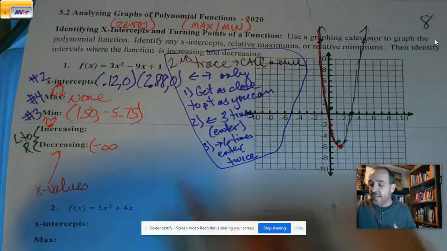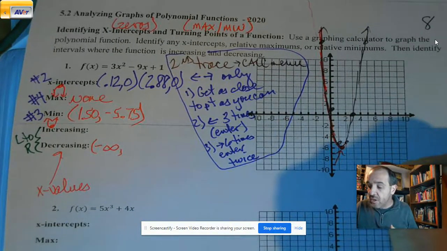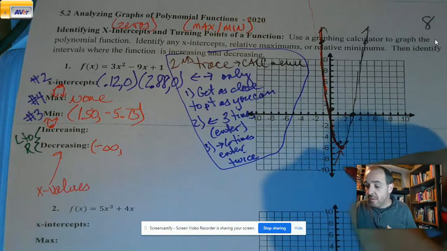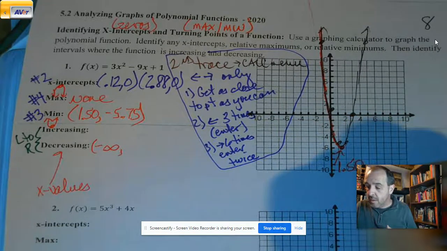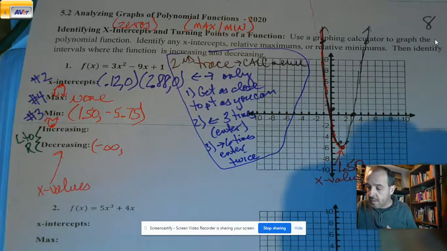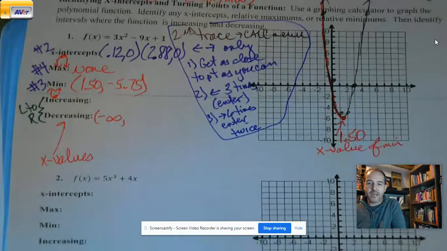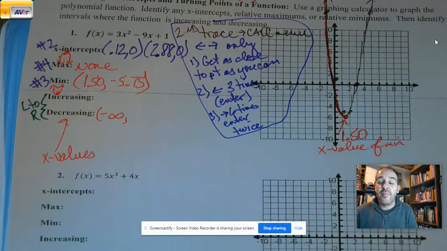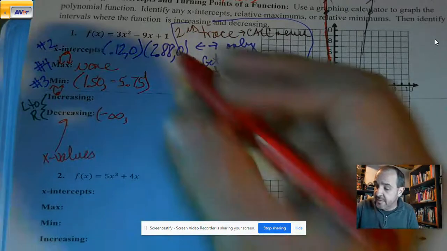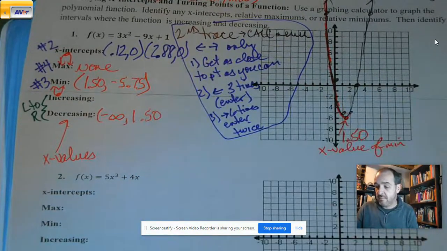So from negative infinity to the x value of my minimum, that's what I care about right here. Oops, and I'm writing in the back of my head. There we go. That's all I care about are the x values here. So from negative infinity to 1.5.